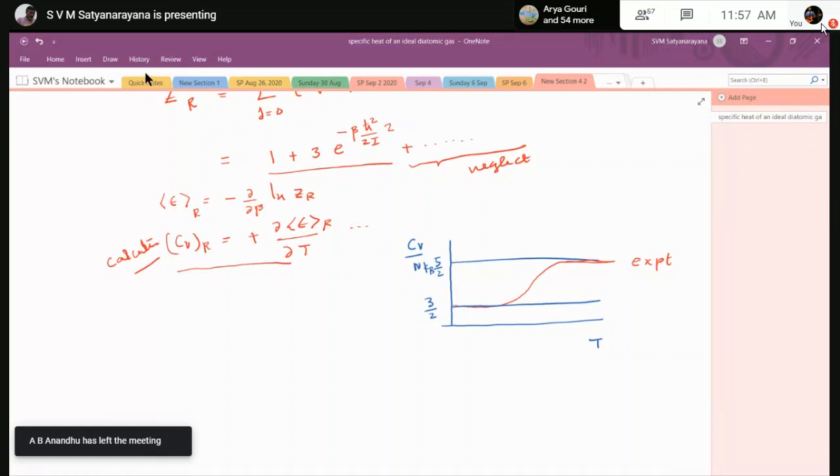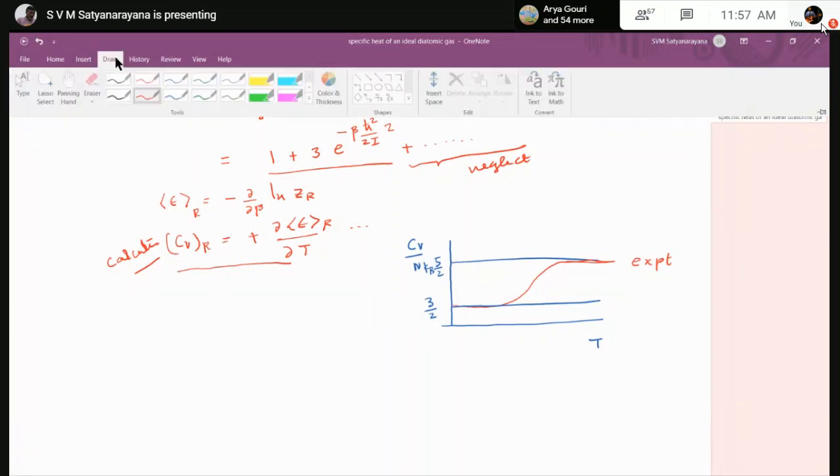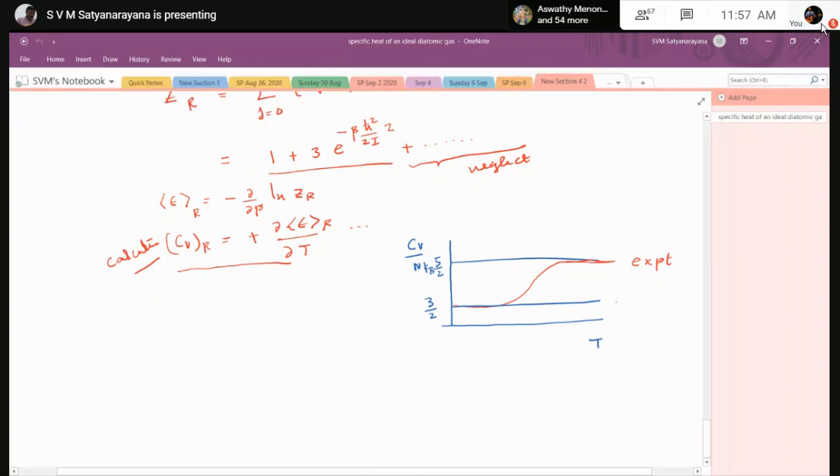But what is observed is a small deviation from this result. For example, the theory that we have goes like this, and then it goes up like this, and then comes down.